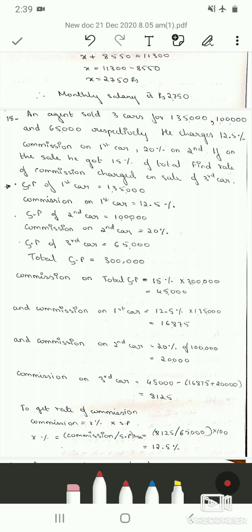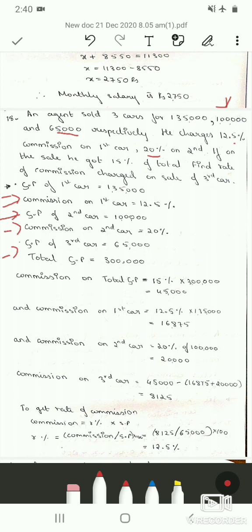So for the first car, the selling price is 1,35,000, for which he charges commission as 12.5%, and the selling price of second car is 1 lakh rupees, and the commission charged by agent is 20%, and the selling price of third car is 65,000. We have to find out the rate of commission for the third car.